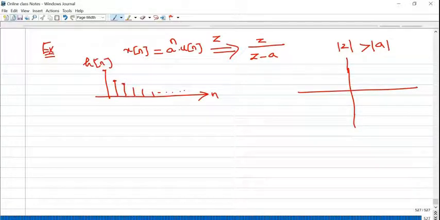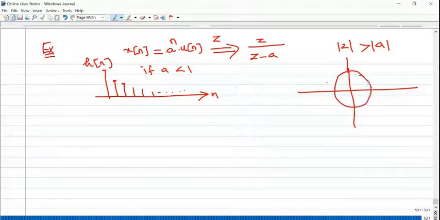If A is less than 1, say 1 by 2, then you will get a decreasing exponential. So if you find the Z transform of the signal, the pole must lie inside the unity circle.